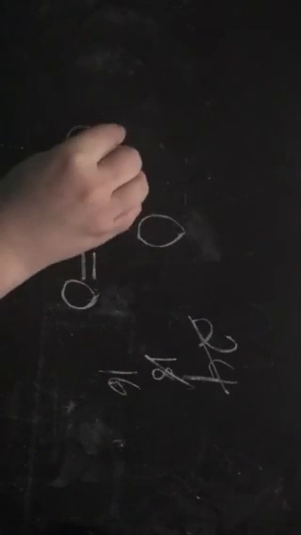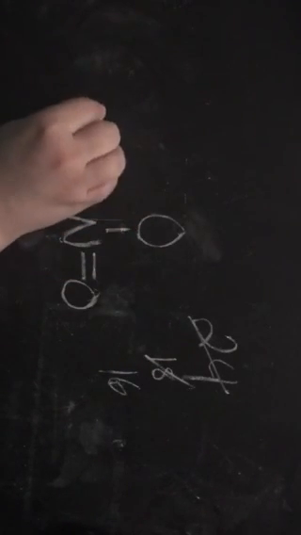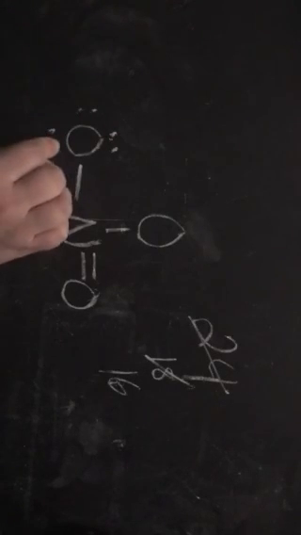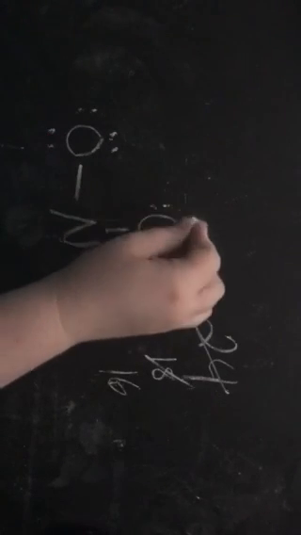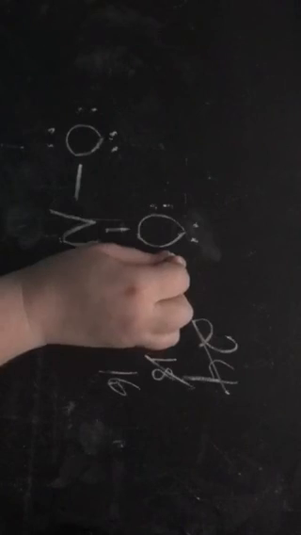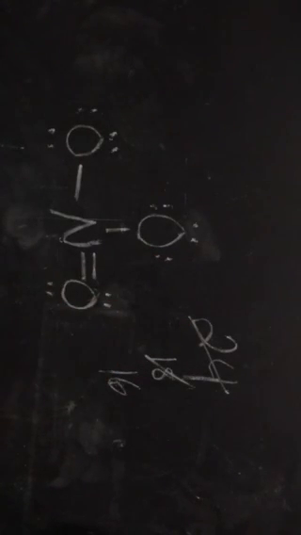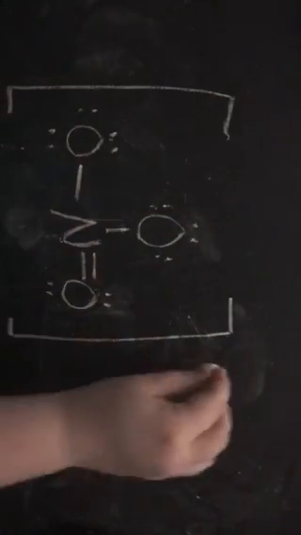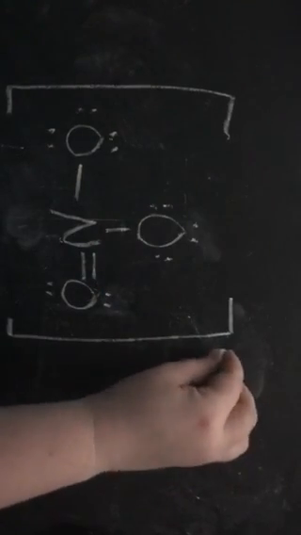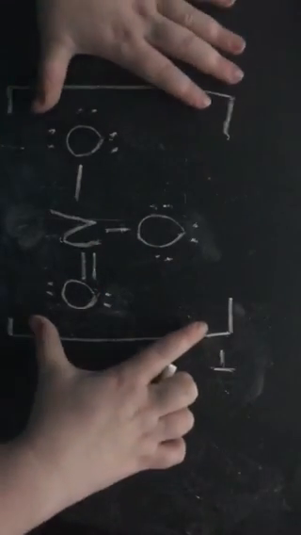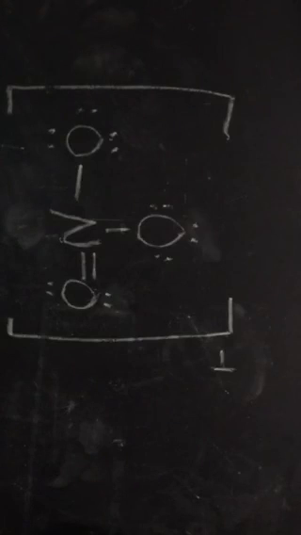So I now have enough electrons that I can just put in lone pairs on each of the oxygens. Now, because it's a polyatomic ion, I'm going to put it in square brackets with a -1 sign after it to say that this entire thing has a -1 charge.